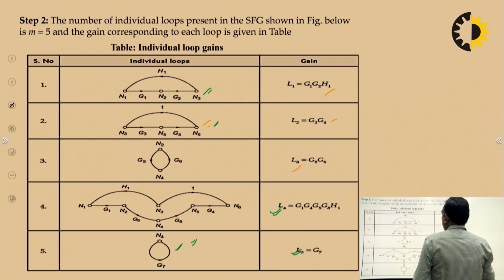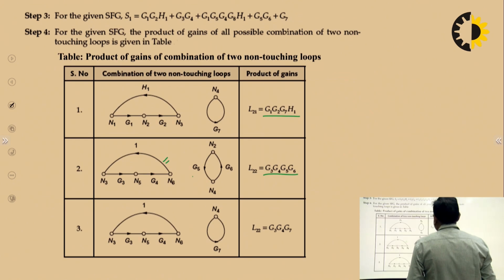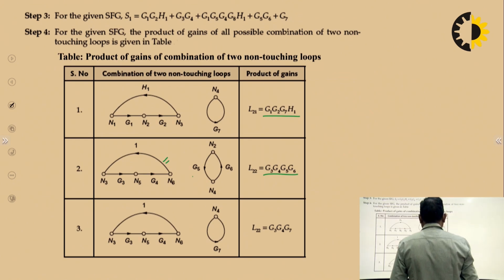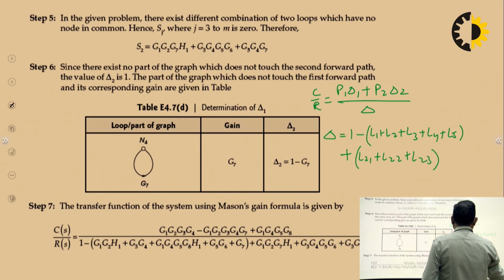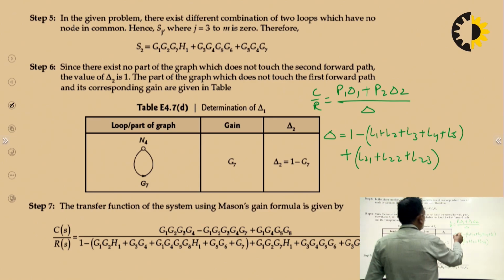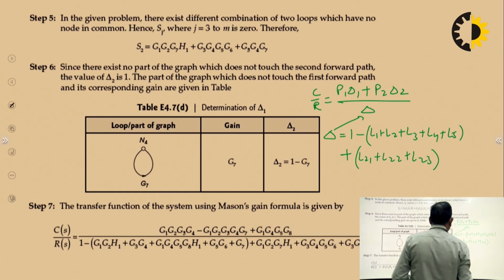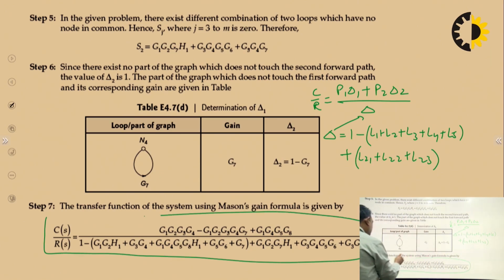There are 5 loops, so L1 plus L2 plus L3 plus L4 plus L5, plus the sum of the transmittance values of the 3 pairs of non-touching loops, L21 plus L22 plus L23. Now you put the value of delta over here, and delta 1, delta 2 we have already discussed. When you solve it, you will find the overall transfer function.